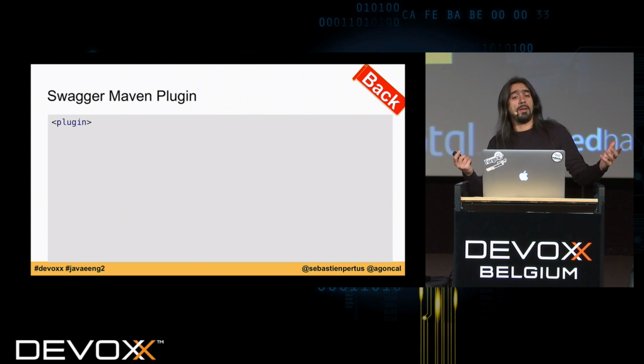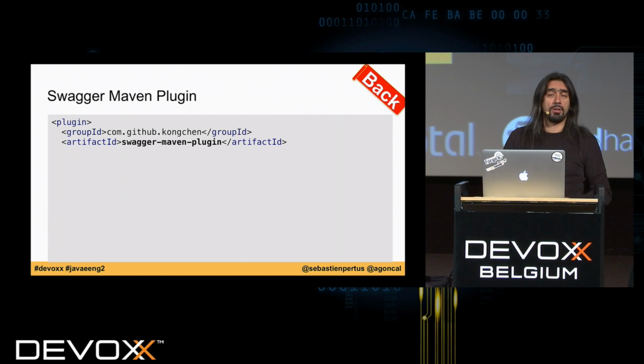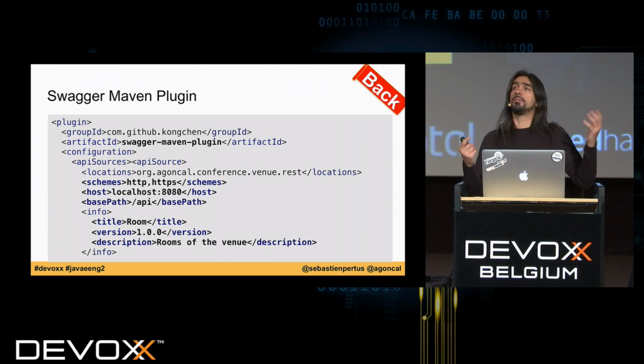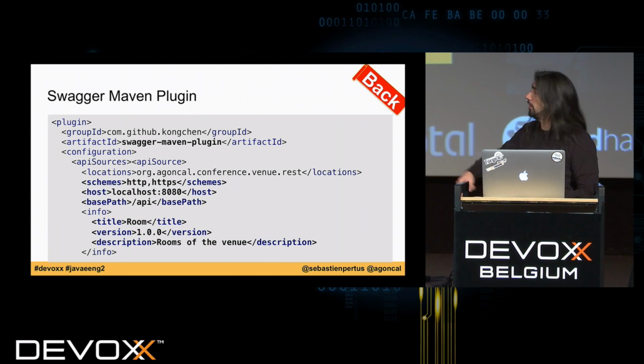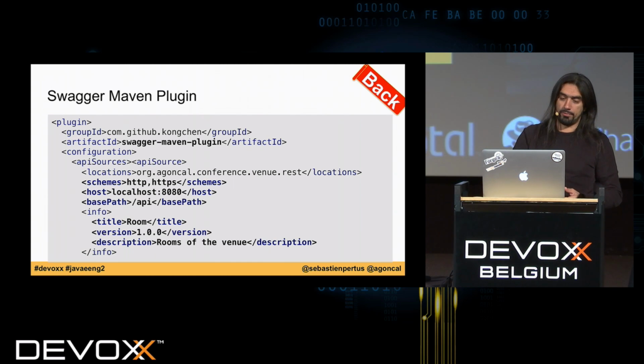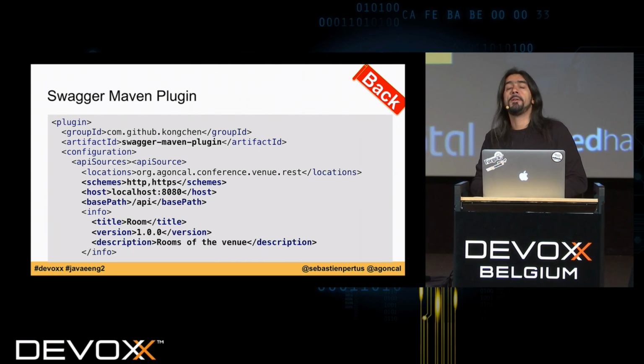Instead, I've used a Maven plugin. There's a Swagger Maven plugin, and you configure it, and you say, here is my REST endpoint, and you can grab it on /API, and it's version 1.00. What it does, when you do a Maven clean package, is create a Swagger file in your code.